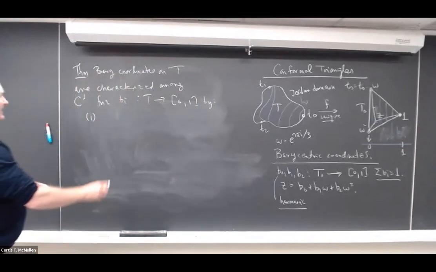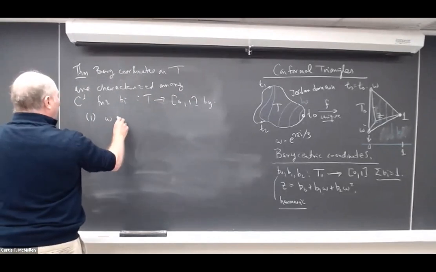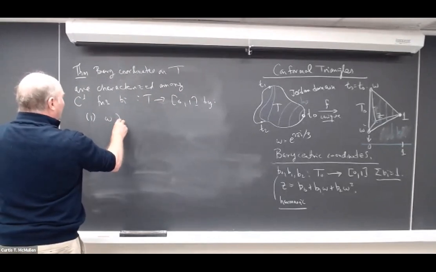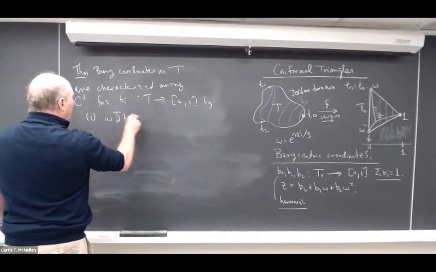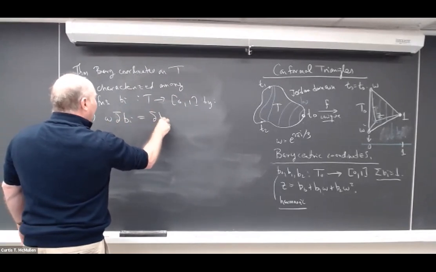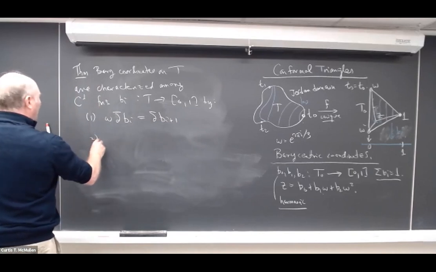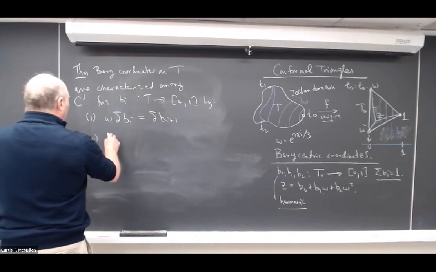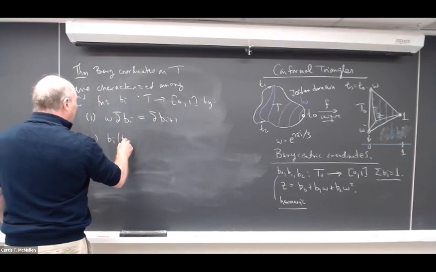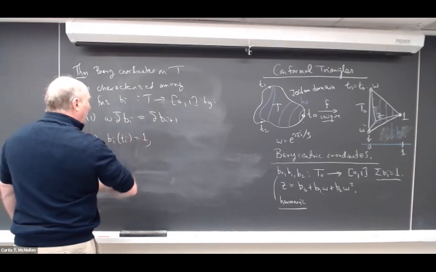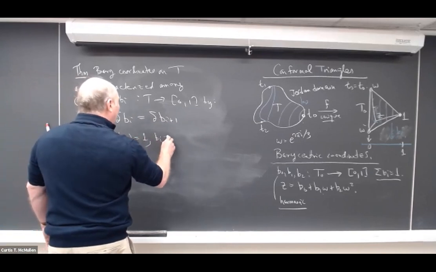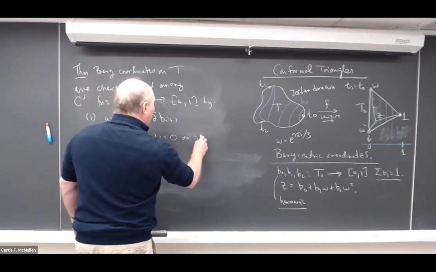First, this property I'll explain in a moment. Omega times the d bar derivative of Bi is the d bar derivative of Bi plus 1. And 2, there's some boundary value conditions, which are that Bi of Ti should be equal to 1, and Bi equals 0 on side i.